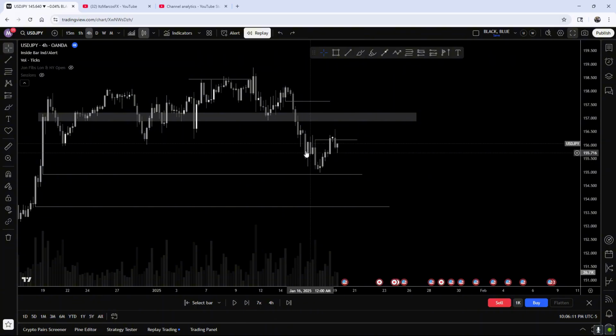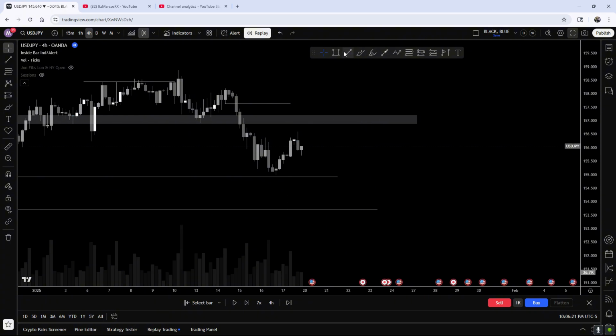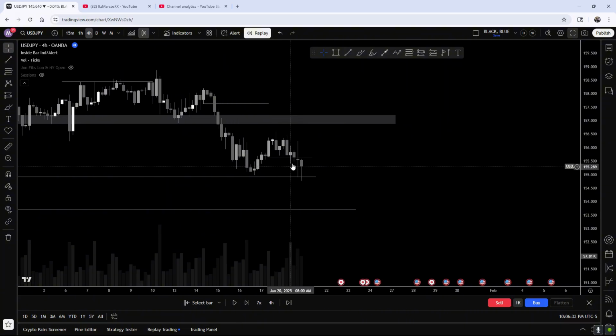Okay, so we get that strong volume taken out before we get this one taken out. And now we have another one. We have another one right here, strong volume candle, right? I want to see that low get taken out as well. Okay, so we get that low taken out, right?